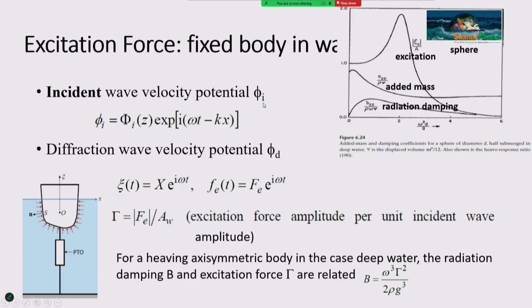Next lecture we are going to talk about how we apply the excitation force and radiation damping to the vibration system, harvest energy, and talk about power optimization. So here we gave you a sense of excitation force, radiation damping, and added mass.